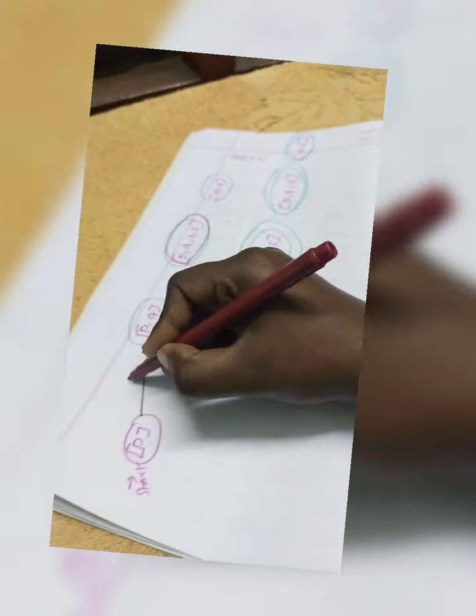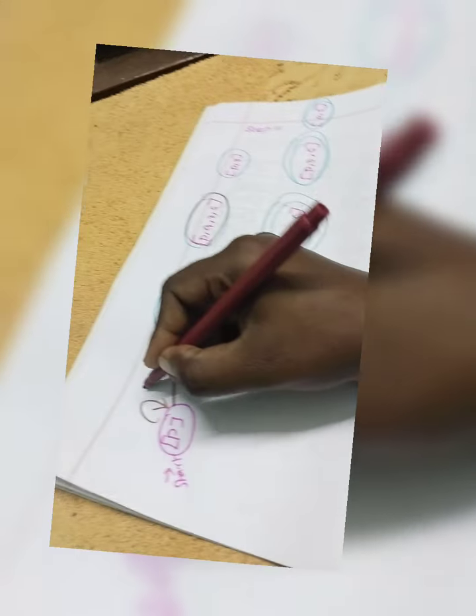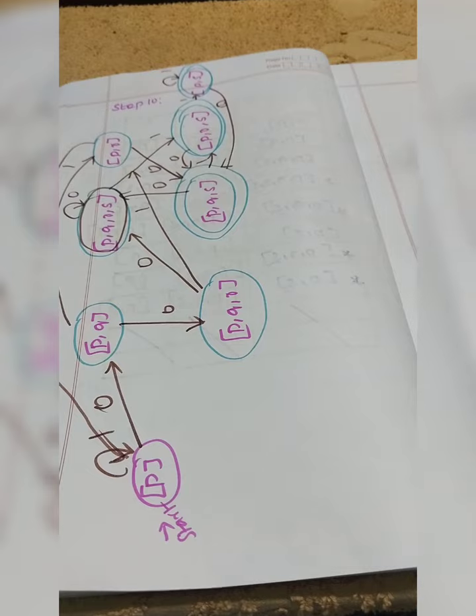Then P with the input 1, where does it go? Again to P only. So you can draw it like here, 1. So you can make the connections using the transition table. I completed all the transition connections. You can check. So this is the final DFA.